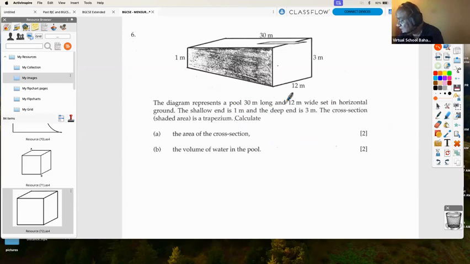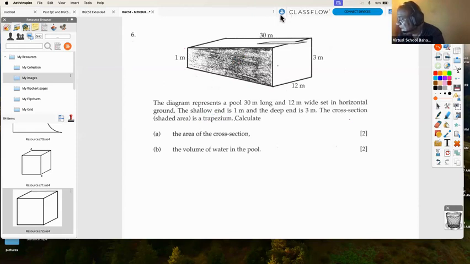That means flat on the ground there. The shallow end is 1 meter. This is the shallow end of the pool. And the deep end is 3 meters. That is this end here. The cross section, that means this is the shaded area, is a trapezium. Calculate the area of the trapezium.